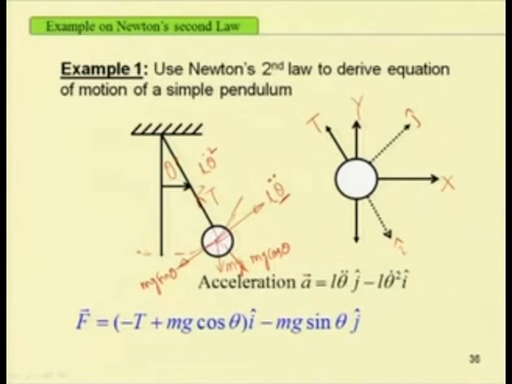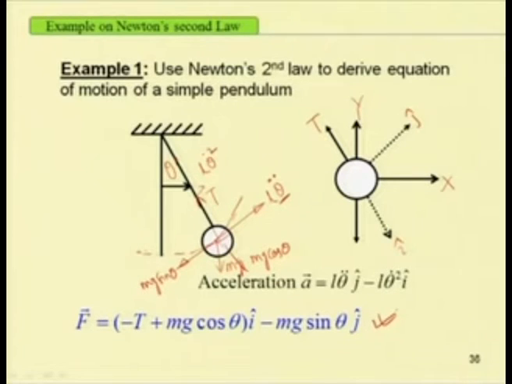As this direction is taken positive j, this is negative j, so this is minus mg sin theta j. So, this equation becomes minus T plus mg cos theta i minus mg sin theta j. This is the external force acting on the system.